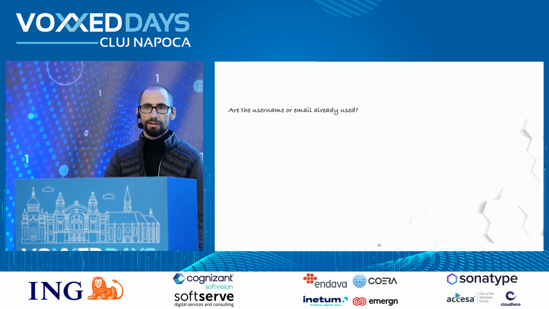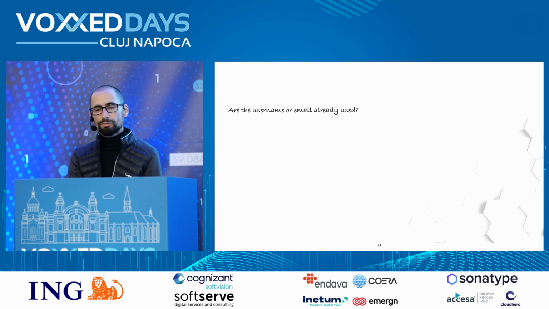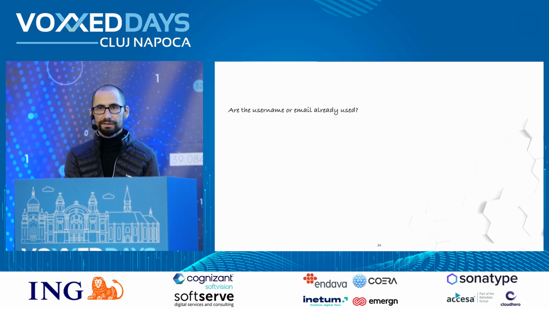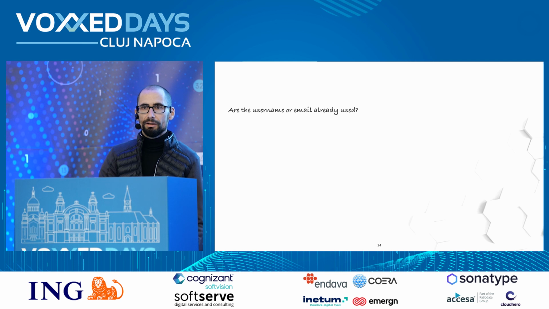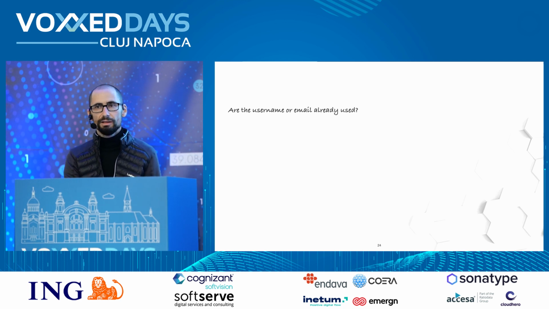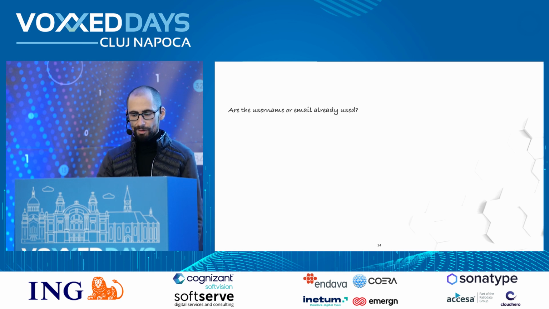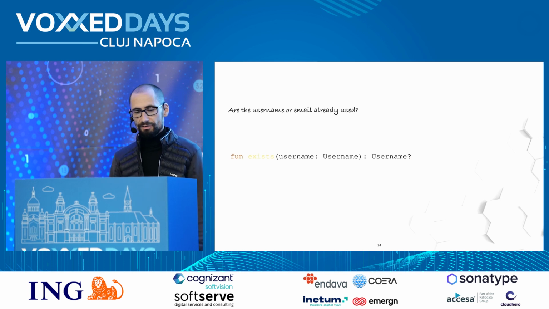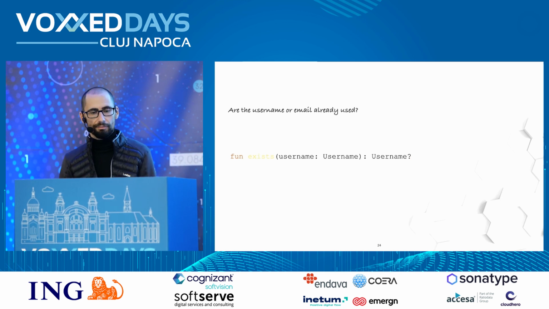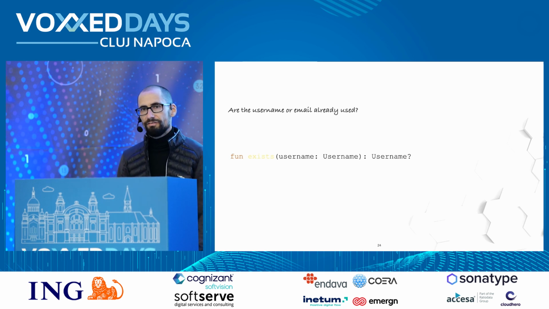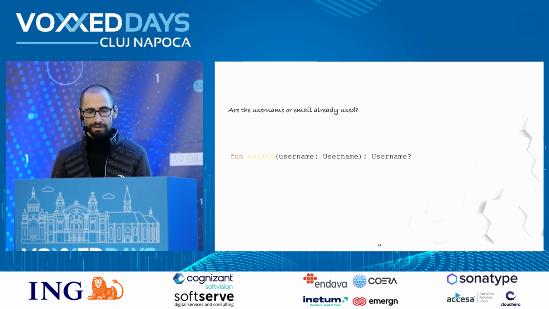But we have another thing we have to think about. Since we are storing these users inside of the database, we might want to check if those are already present, without relying on exceptions being thrown from the database for unique indexes or stuff like this. So what we could do here is create a function exists that takes the username as an argument and returns a nullable username, null if it doesn't exist, and the username if it exists.